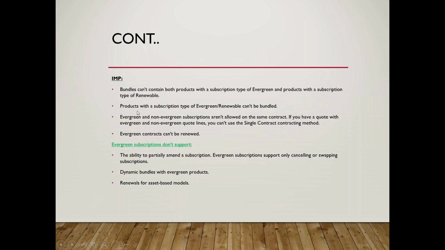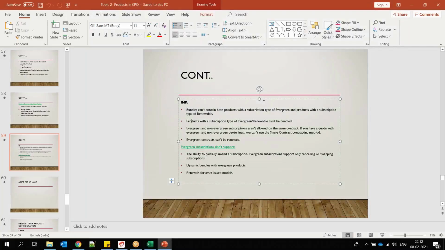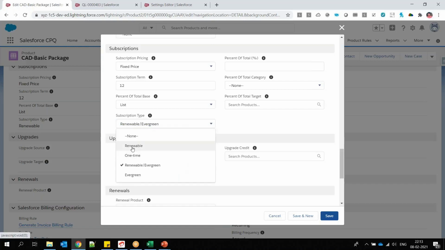The second point here is that products with the subscription type of evergreen renewable can't be bundled. Now, coming back to the last selection here, renewable evergreen. We discussed renewable, we discussed one time, and we are discussing evergreen. Now, if I'm saying renewable or evergreen, that will carry the functionality from renewable as well as evergreen, right?